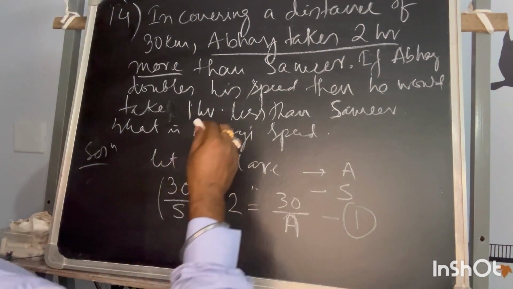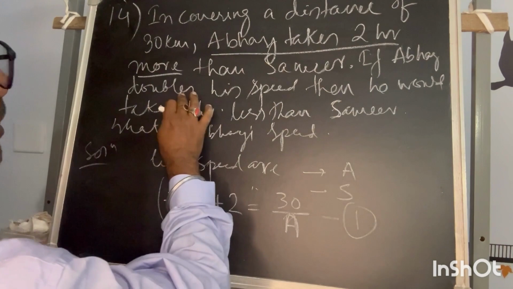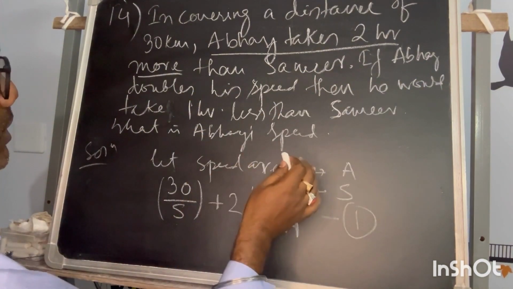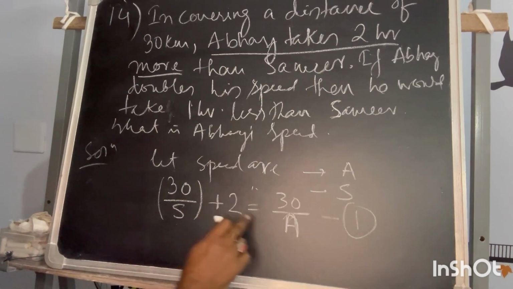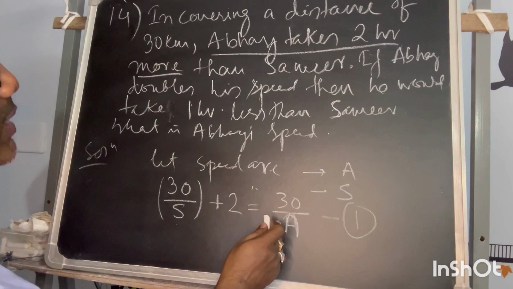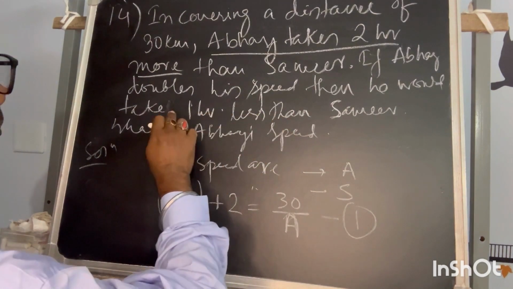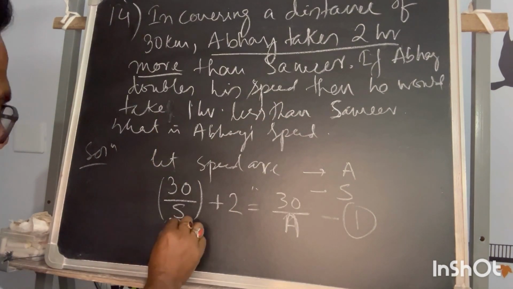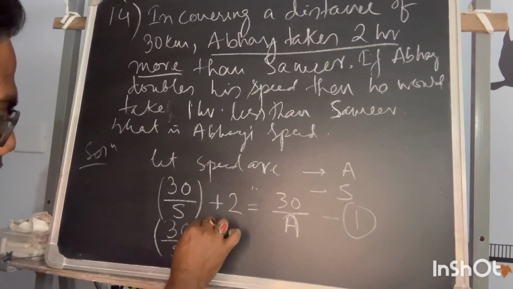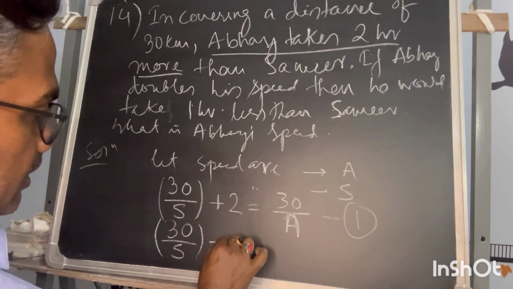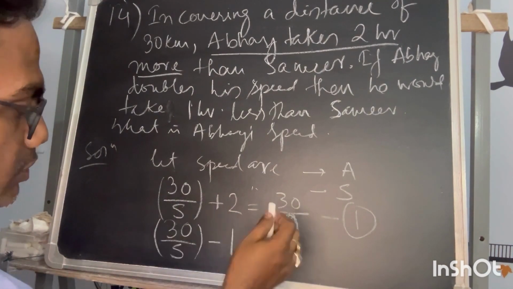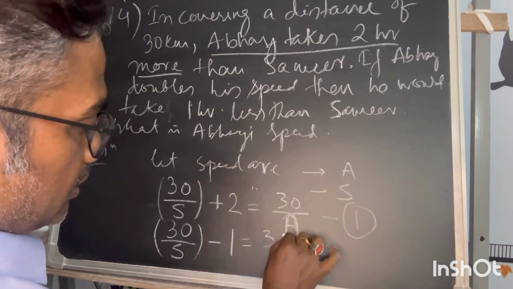In the second part, if Abhay doubles his speed, then only Abhay is making his speed double, so Abhay's speed is 2a. If the speed is increasing, definitely he will take less time, 1 hour less. In this case Samir's speed and time are the same, and Samir's time is more than Abhay's time by 1 hour.